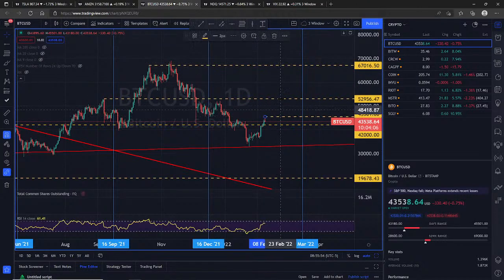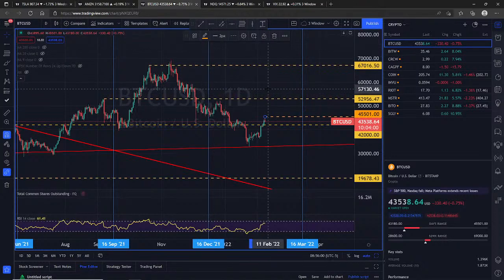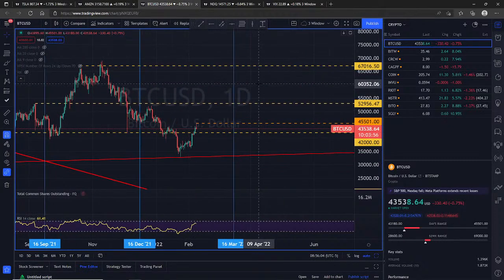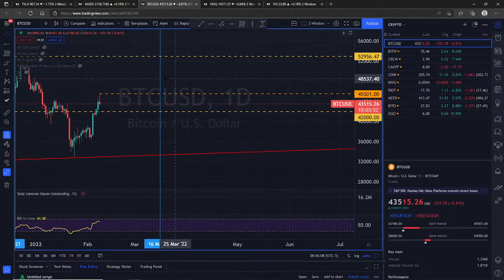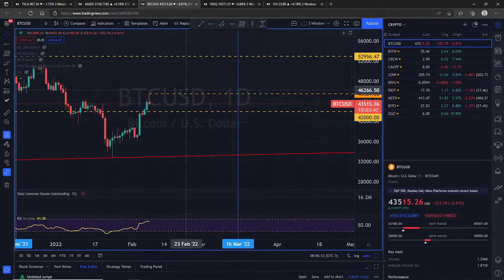Bitcoin is being utilized right now in Canada because they're circumventing the banking system. Apparently, GoFundMe shut down this Canadian trucker protest's donations, which I think is atrocious.